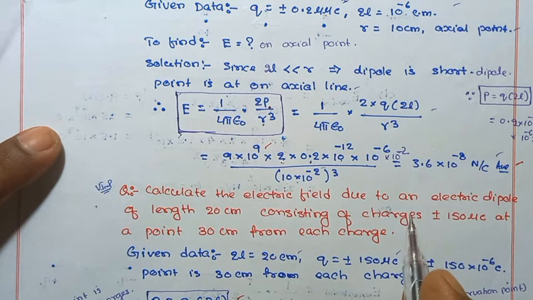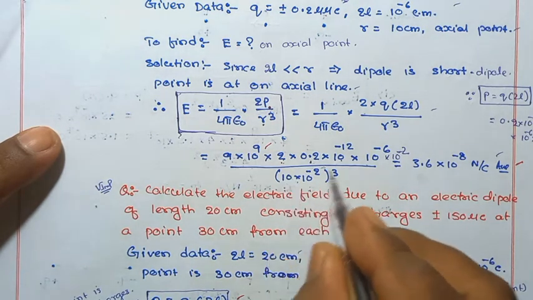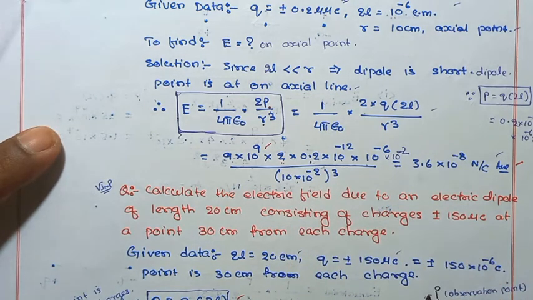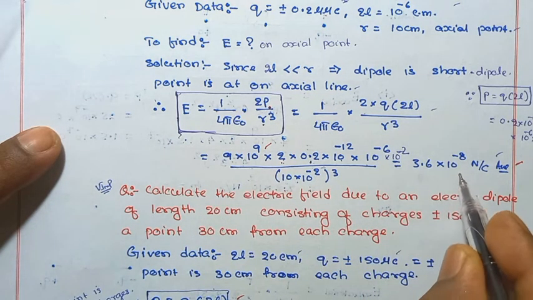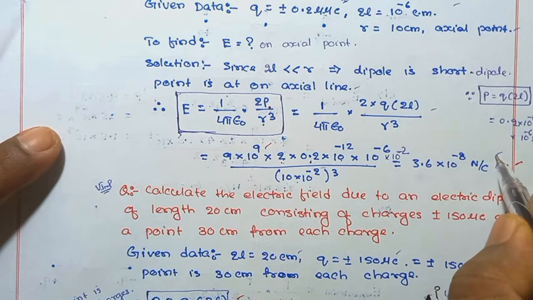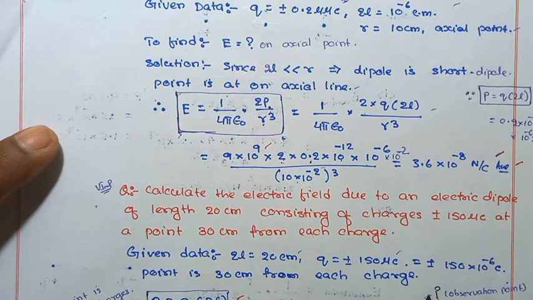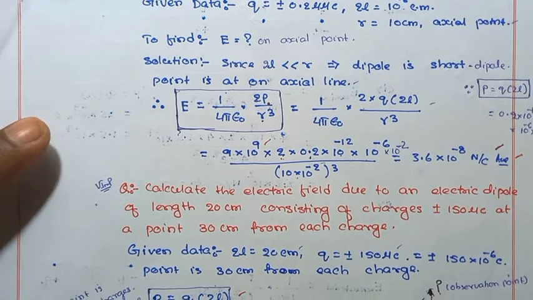When we convert it into meter, it is 10 multiplied with 10 power minus 2, whole cube. After solving this, we will get 3.6 into 10 power minus 8 Newton per coulomb. Okay.